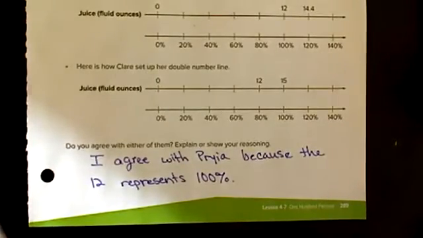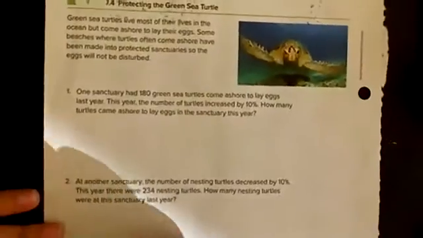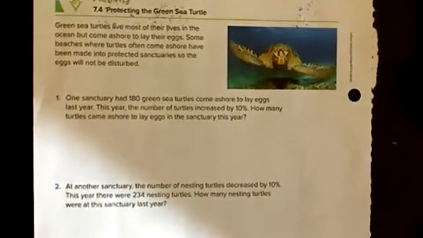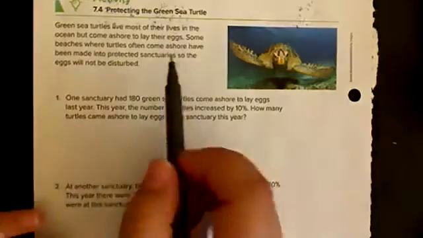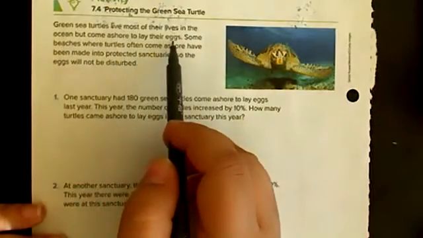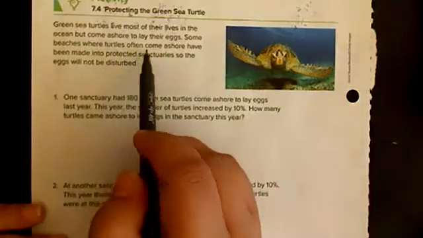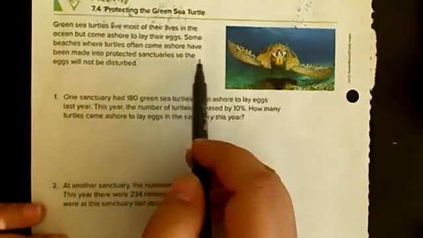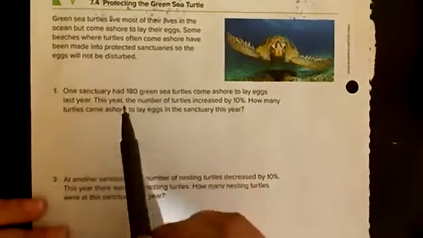All right, let's move on to 290. Ooh, we have a pretty sea turtle. Green sea turtles live most of their lives in the ocean, but come ashore to lay their eggs. Some beaches where turtles often come ashore have been made into protected sanctuaries, so the eggs will not be disturbed.